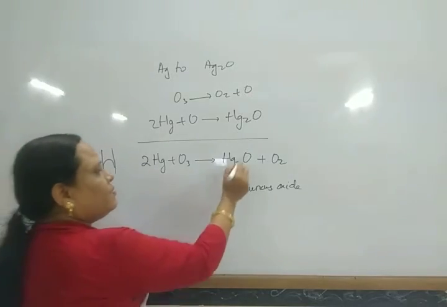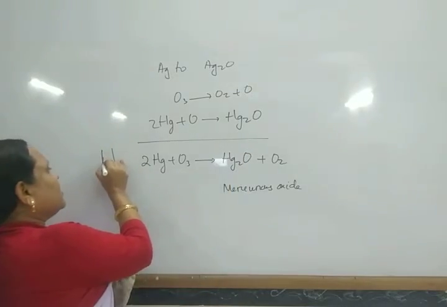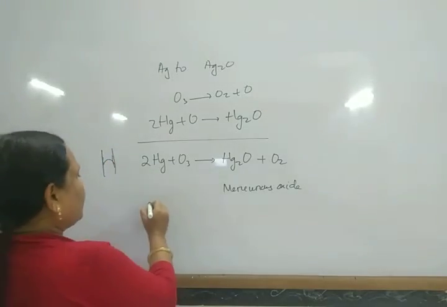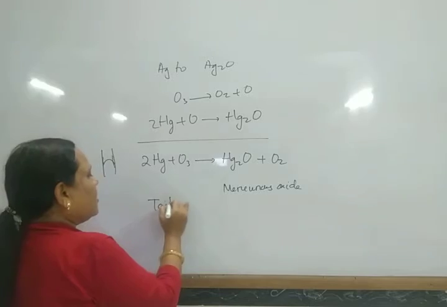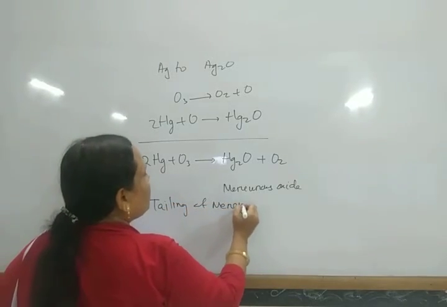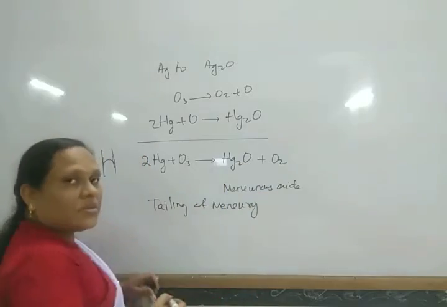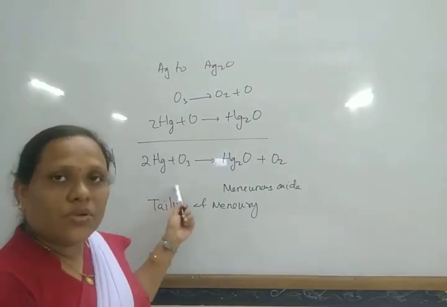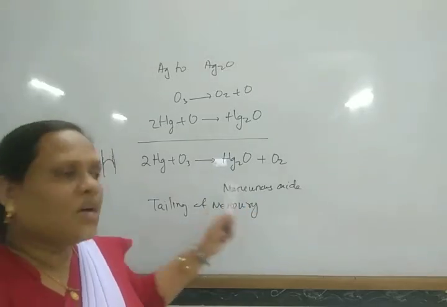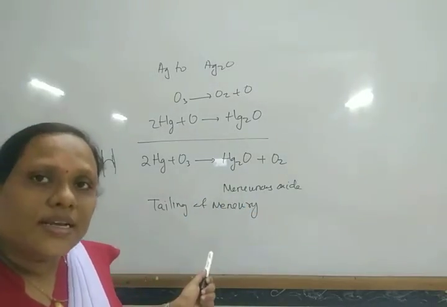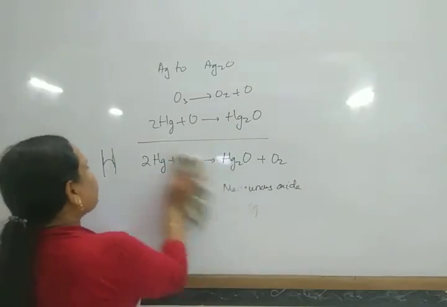But when it forms mercurous oxide, it sticks to the glass tube. This is called tailing of mercury.